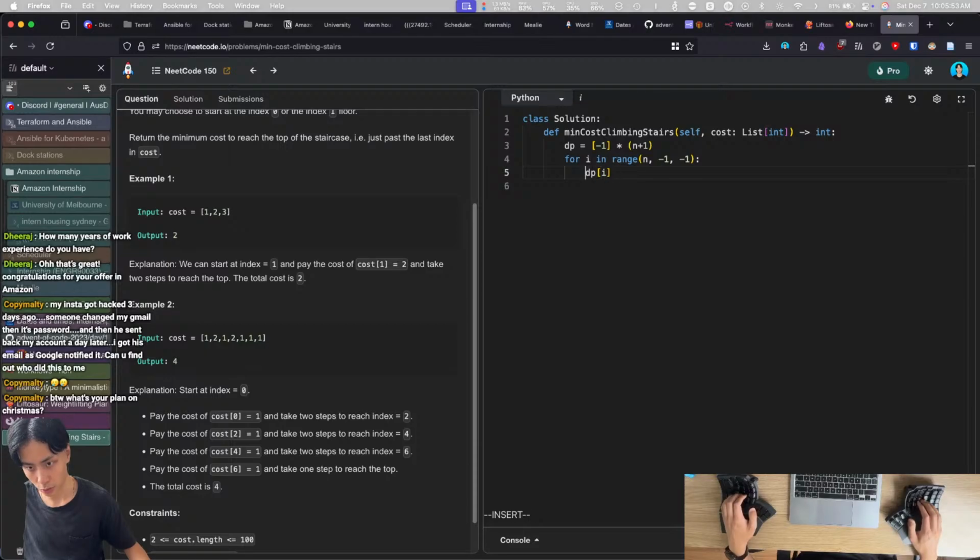So if i is equal to n, then dp[i] is equal to 0. Alright? And then you would continue.